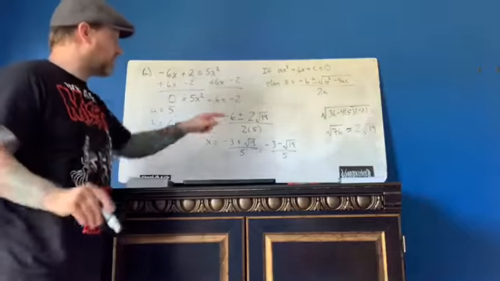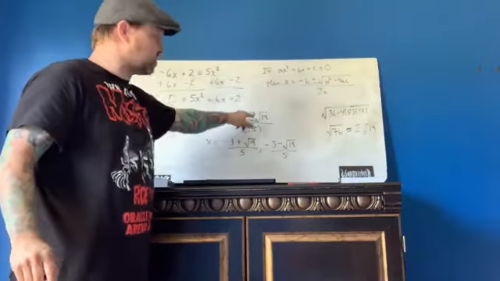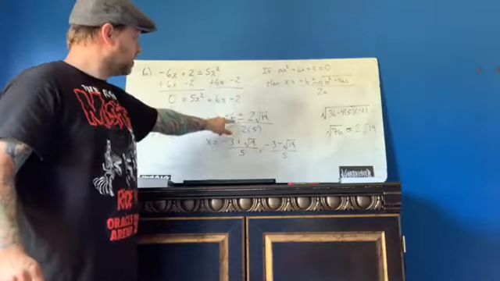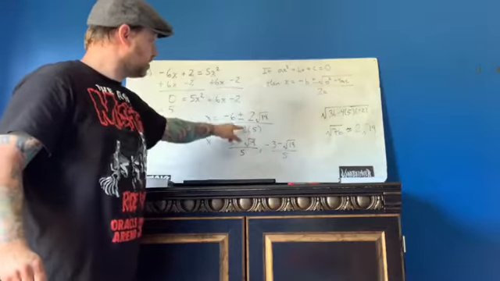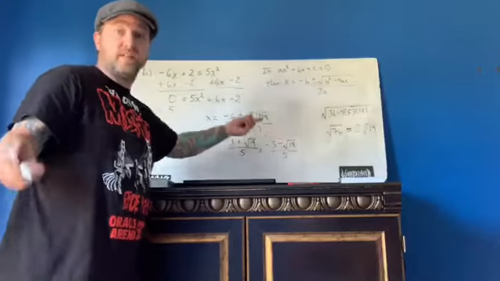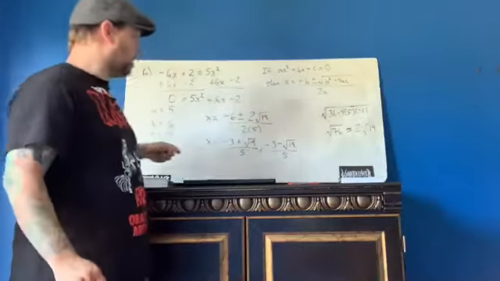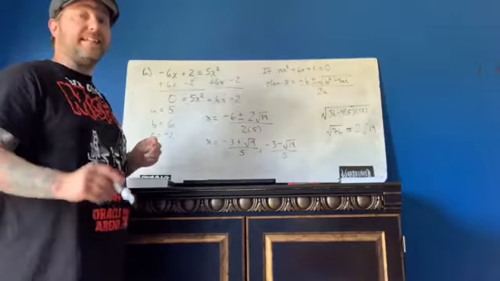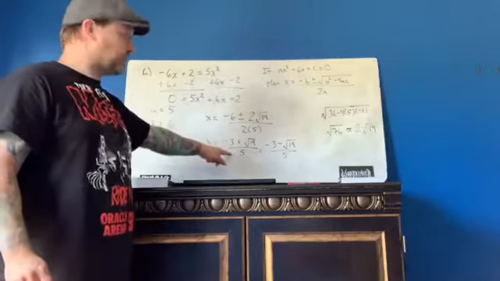Okay, does everybody see what I did? I just canceled or reduced out the 2. So 6 over 2 is 3, 2 over 2 is 1. We don't need the leading 1. So there we go. Now, if we want exact answers, that's it.